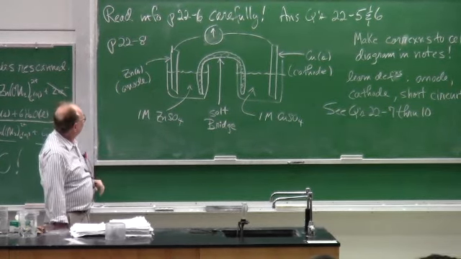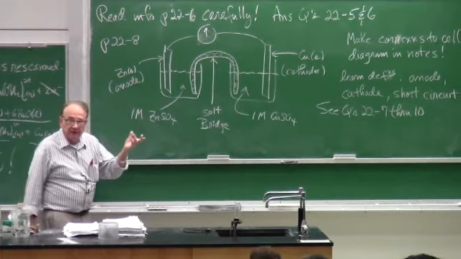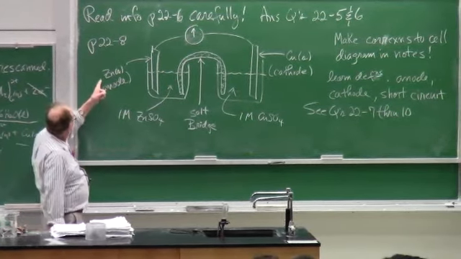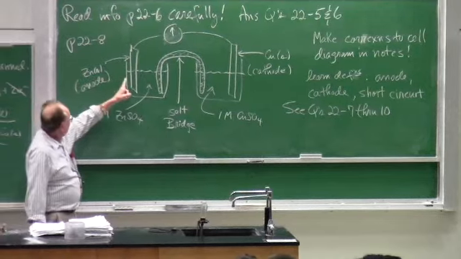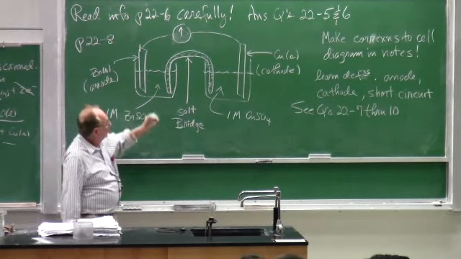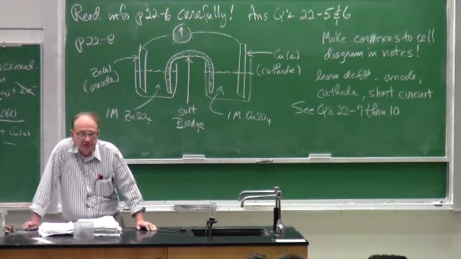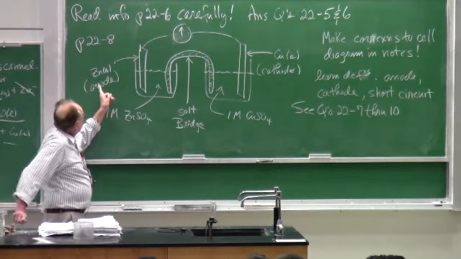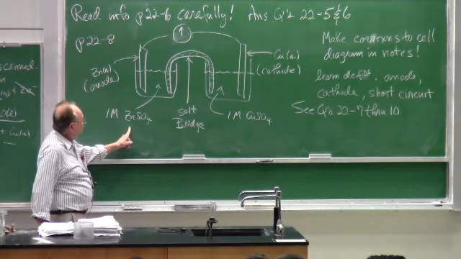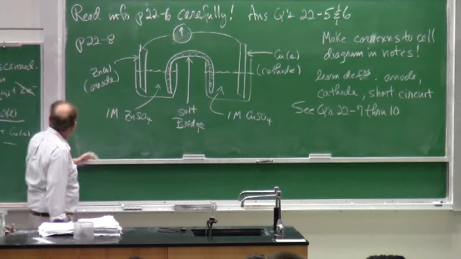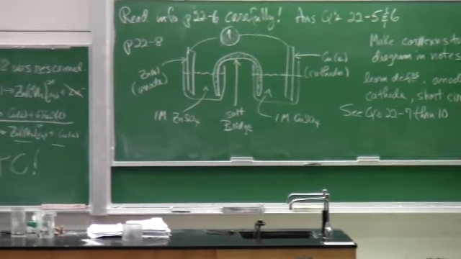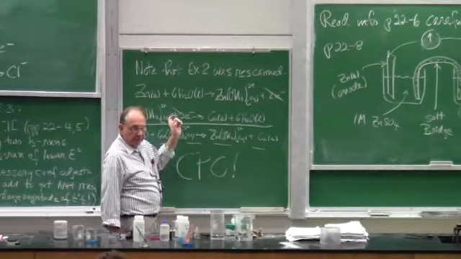So in this half cell, after we assemble it, zinc, the anode material, where the anode is the electrode at which oxidation occurs, will convert to hydrated zinc ion in this half cell. This half reaction will occur.